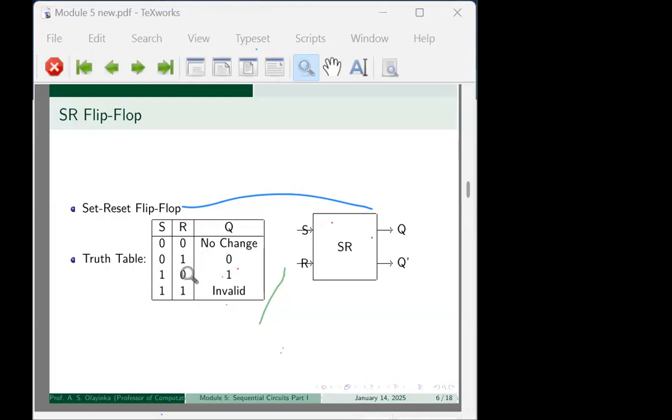And then 1 and 1. Look at it now. These two ordinarily are supposed to give you what? Look at it. 1, 0, 0, 1 are supposed to give you 0. Both of them are supposed to be 0.